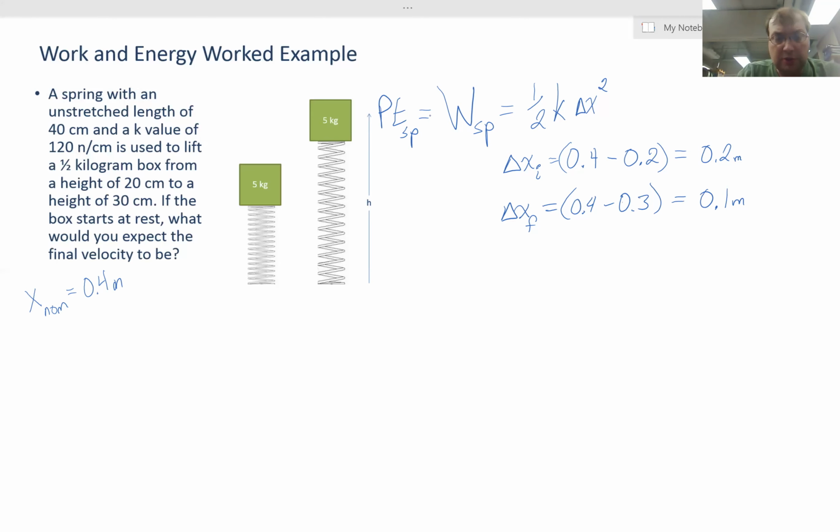So what would we expect the final velocity to be?